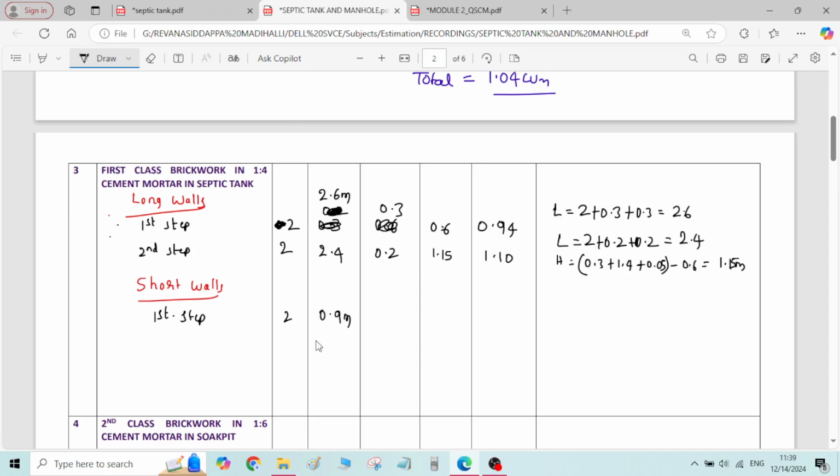Coming to the thickness and height of the step of the wall, it remains the same. You copy the same numbers, 0.3 and 0.6.